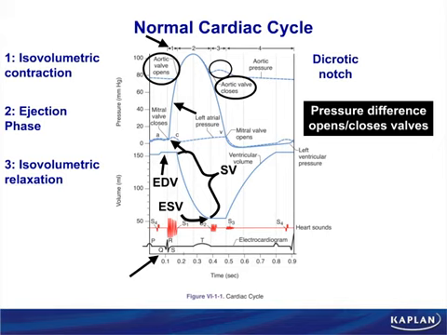I only point it out because it helps us with time aspects. There's really no real functional role to the dicrotic notch, but if you see a dicrotic notch, then you know the heart has started diastole. Notice that the dicrotic notch occurs during isovolumetric relaxation.